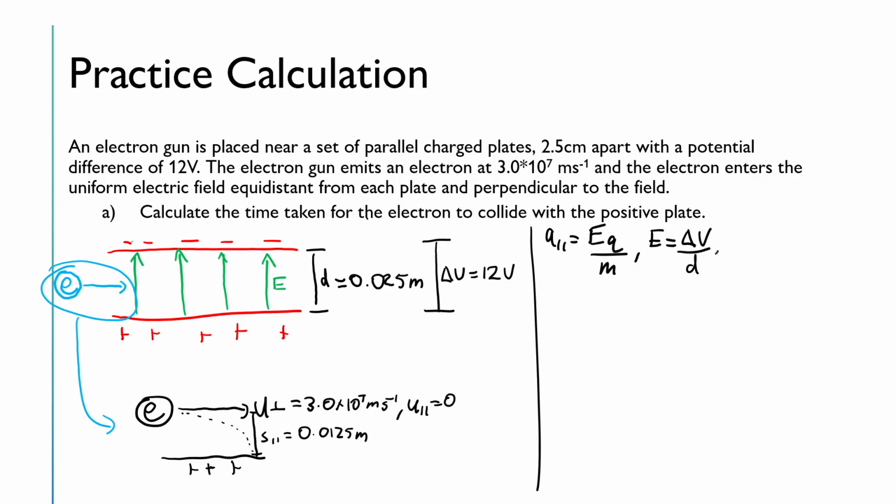And so once we have that acceleration, we can use that and some of the other kinematic data that we have to calculate for the time to hit the positive plate. And that's going to be done using our s equals ut plus half at squared formula. Let's start by calculating for acceleration first.